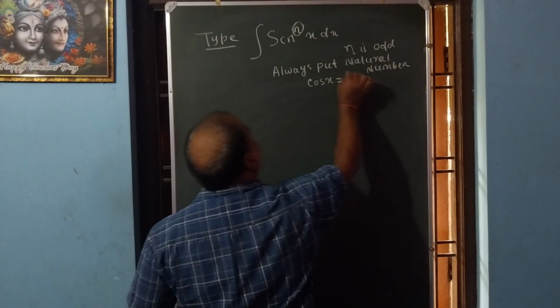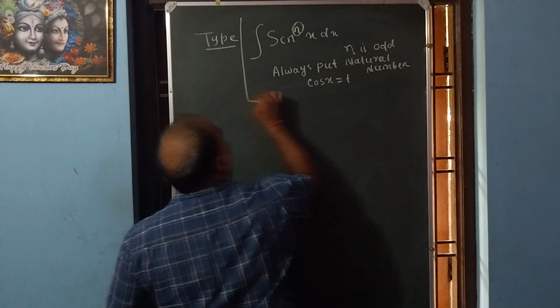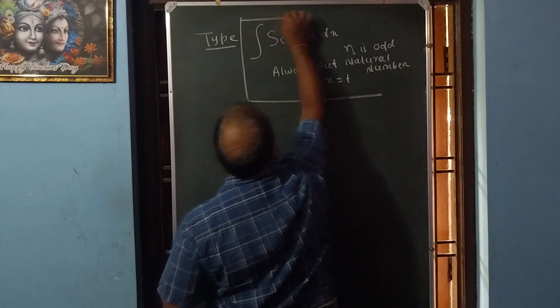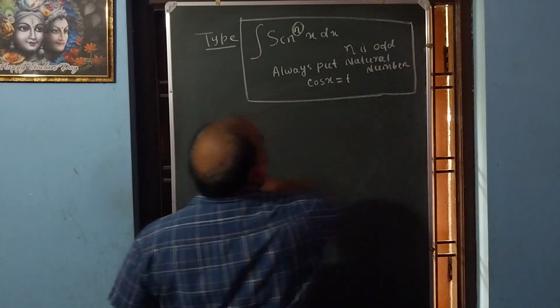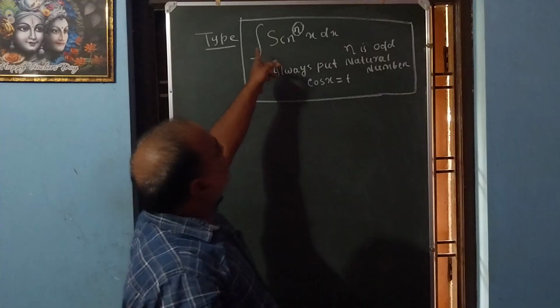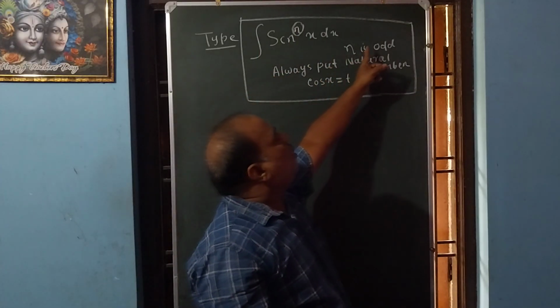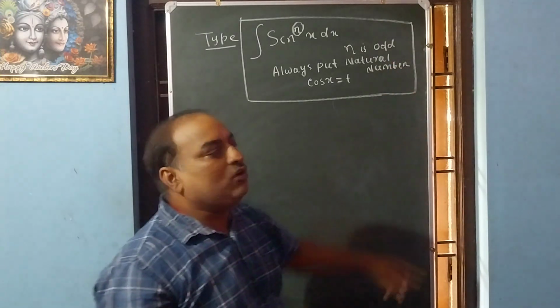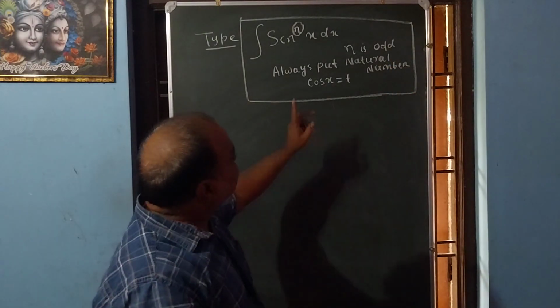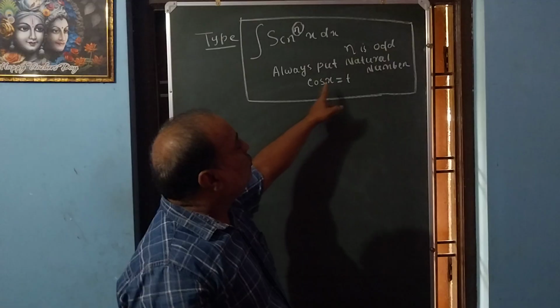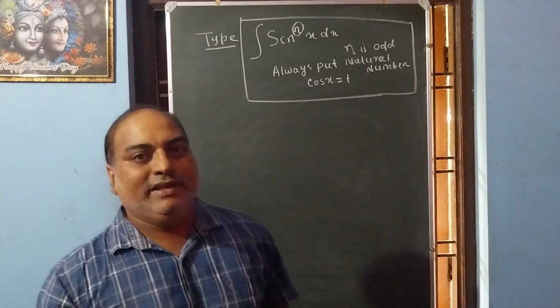Remember, this is the technique. You have to remember this. Integration of sin^n x dx, where n is an odd natural number. In this case, always put cos x is equal to t.